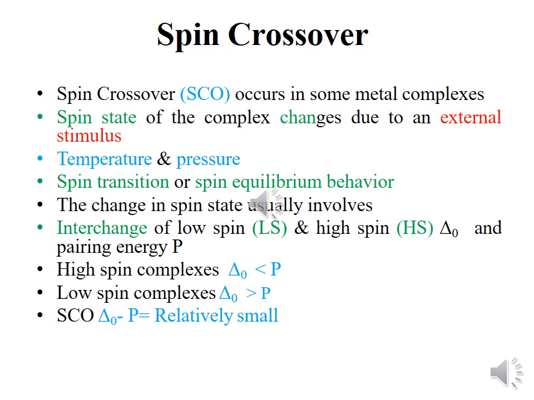In high spin complexes, the crystal field splitting energy is less than the pairing energy. In high spin complexes, we commonly use weak ligands. Due to these weak ligands, the crystal field splitting energy is less as compared to the pairing energy.